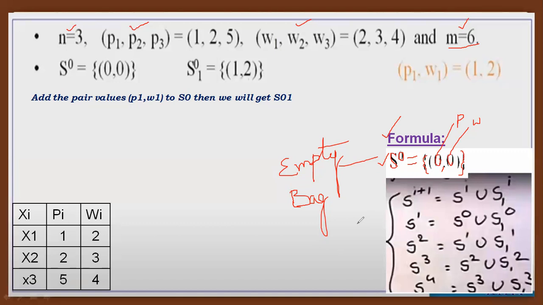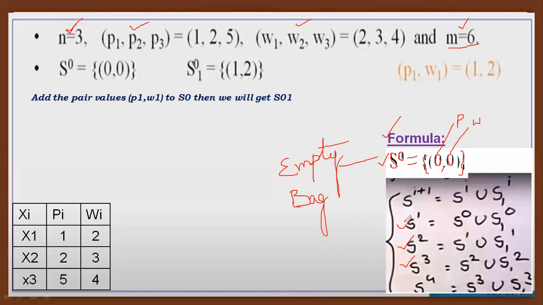Next, you need to compute the values up to 3 times. Why up to 3 times? Because the total number of items is 3. That's why you need to find the values of S^1, S^2, and S^3.